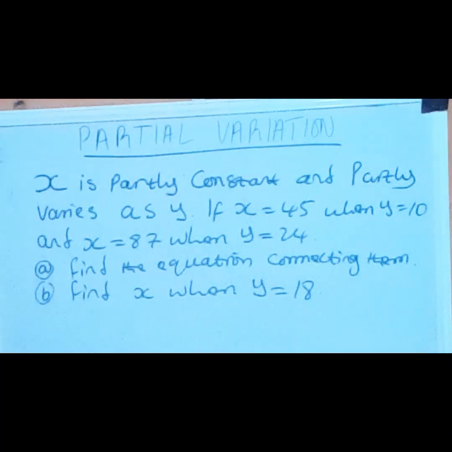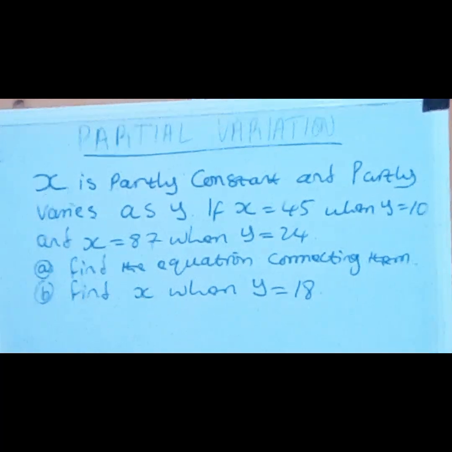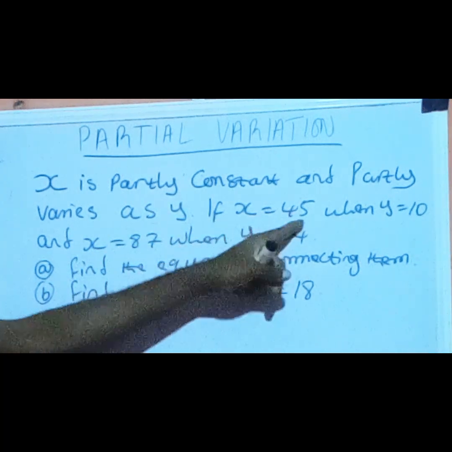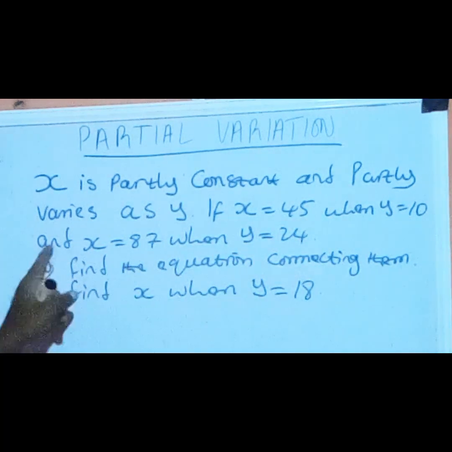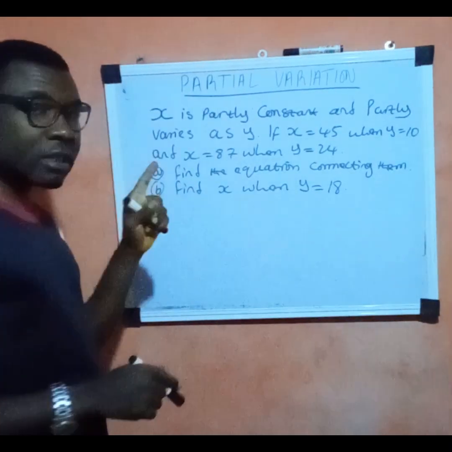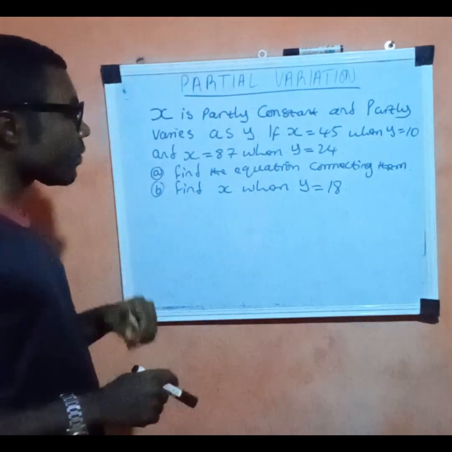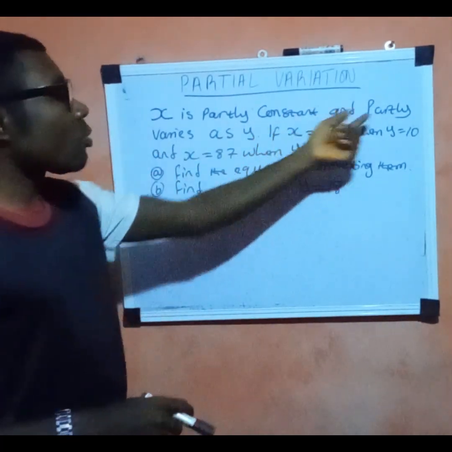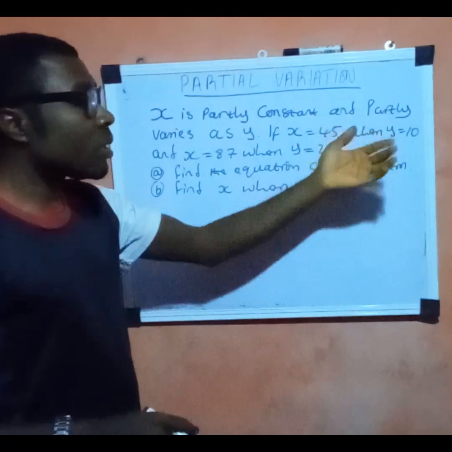So if we look at this question, X is partly constant and partly varies as Y. If X is 45 when Y is 10, and X is 87 when Y is 24. You can see here that it is not like the previous ones, direct and inverse. In direct and inverse variation, you'll be given just one value of X and Y that you are going to use to determine the constant.